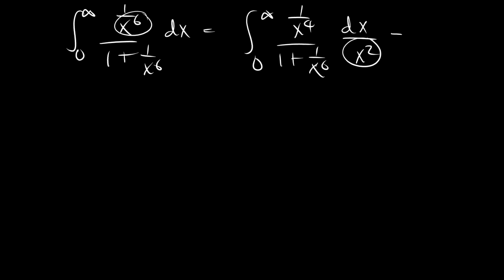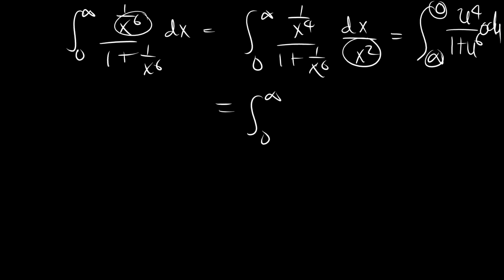And so we get the integral of u to the 4th over 1 plus u to the 6th, negative du. And so this negative here allows us to swap the limits, right? So this becomes the integral from 0 to infinity of u to the 4th over 1 plus u to the 6th du.